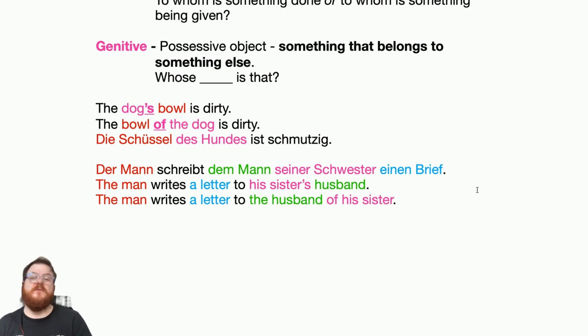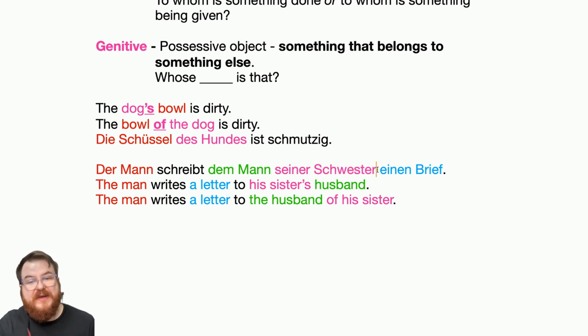Okay, so you get to see the word order here, especially of a sentence that has all 4 cases. Usually you're not going to have all 4 cases in every sentence that you write, but here it's pretty good. So in the last video, I mentioned that the dative should come before the accusative. And that's what we see here. So the dative is coming before the accusative. And you might say, well, the genitive is also coming before the accusative.